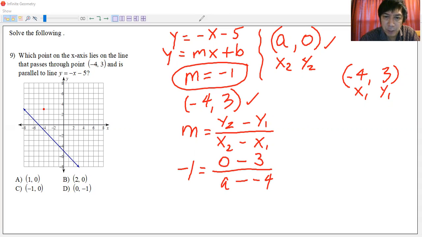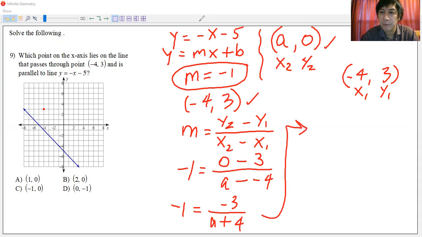If we simplify this, we have negative 1 equals negative 3 over a minus minus 4, that becomes plus. Then we have negative 1 equals negative 3 over a plus 4. We can actually drop the negative signs and make them both positive. So 1 is equal to 3 over a plus 4.